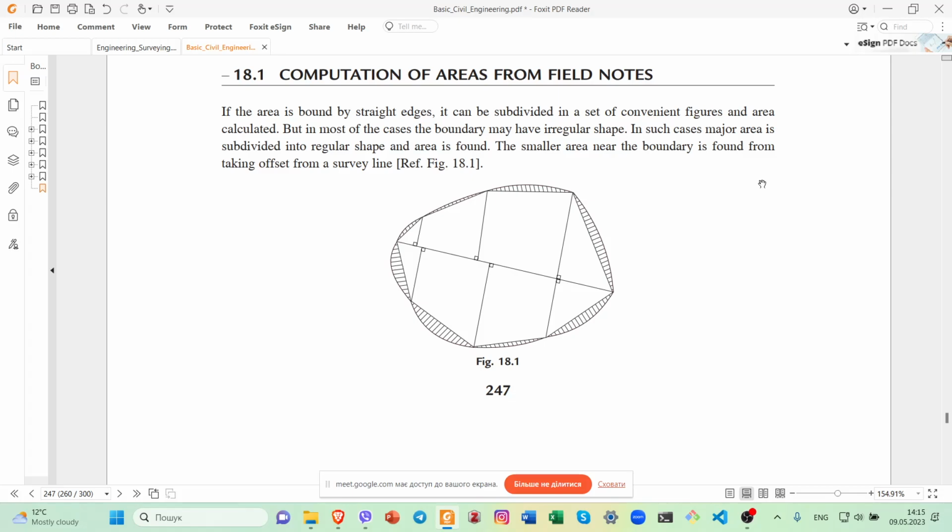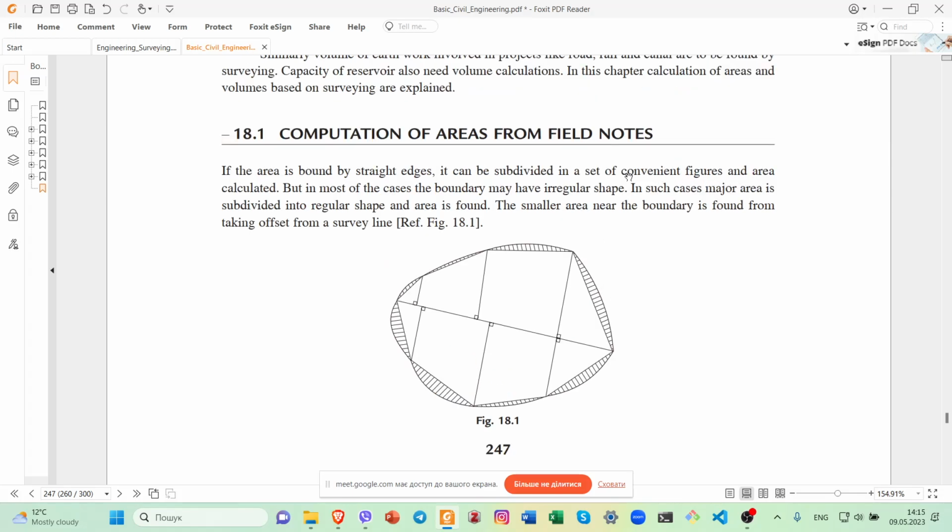There are different methods of computation of areas. It is possible to compute areas from field notes. It's a kind of book that you take with you while surveying, and you make sketches of some areas.